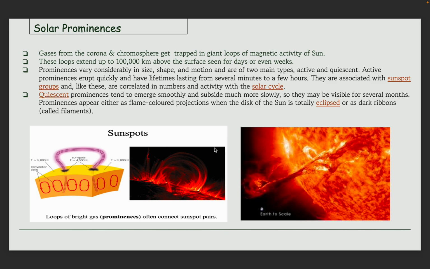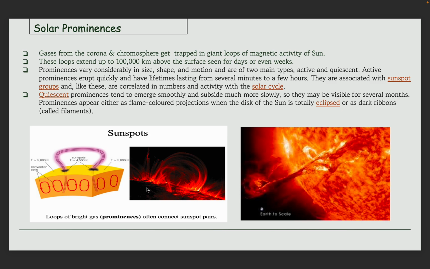Quiescent prominences tend to emerge smoothly and subside much more slowly, so they can be visible for several months. Solar prominences appear either as a flame-colored projection when the disk of the Sun is totally eclipsed, or as a dark ribbon such as a filament.